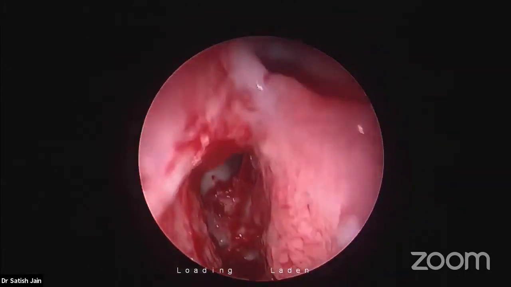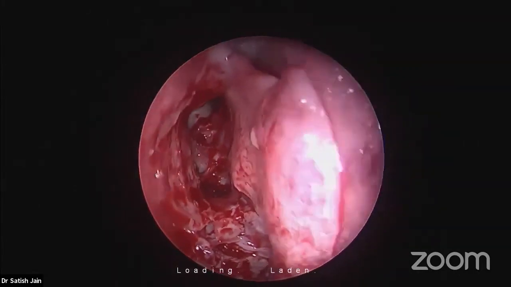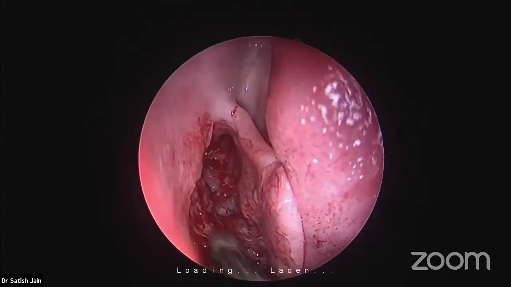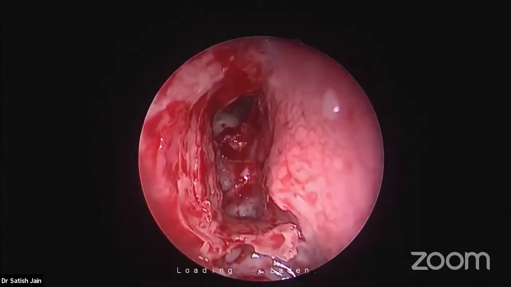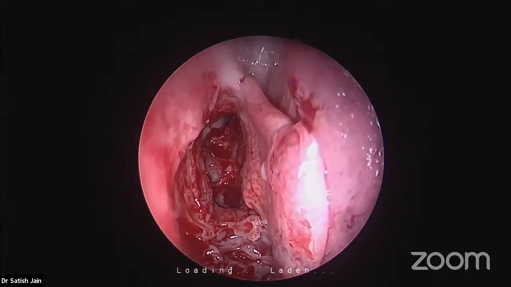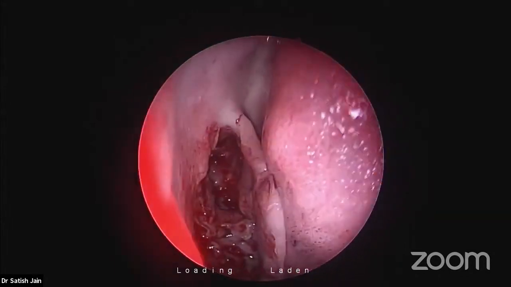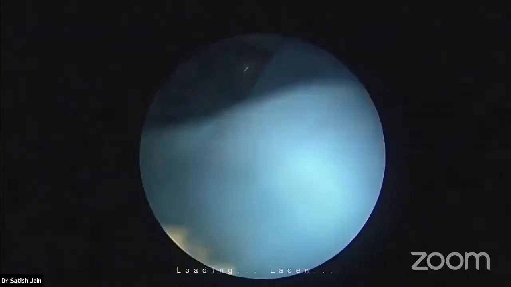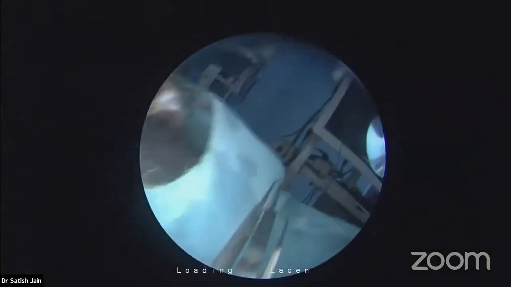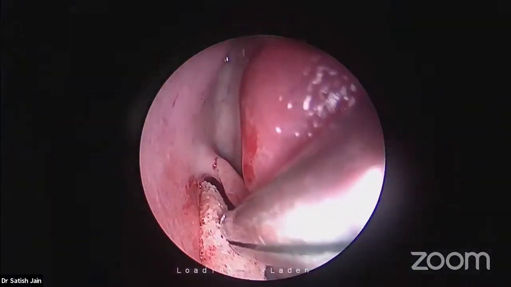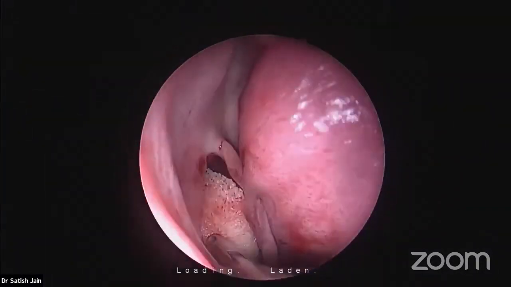Now see, this is a complete anterior ethmoidectomy done, with preserved mucosa everywhere. Sinus surgery means functional endoscopic sinus surgery, and that function is served by the mucosa, FESS. If you remove the mucosa, it is not FESS, that is mess. Always preserve the mucosa, otherwise you don't preserve the function.